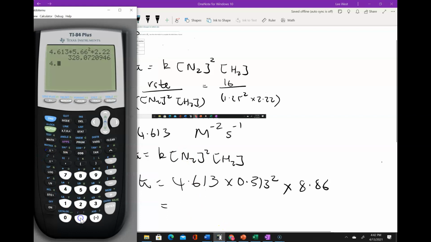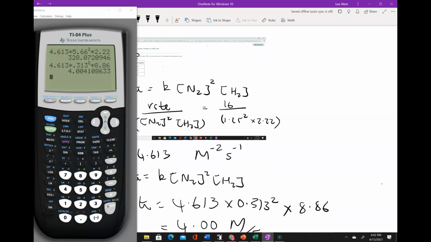So 4.613 times 0.313 squared times 8.86. Let's see what happens. Oh, it quartered. 4.00 moles per liter per second.